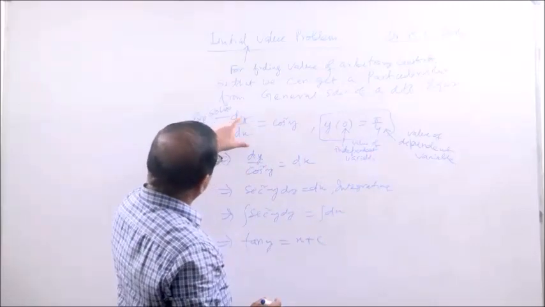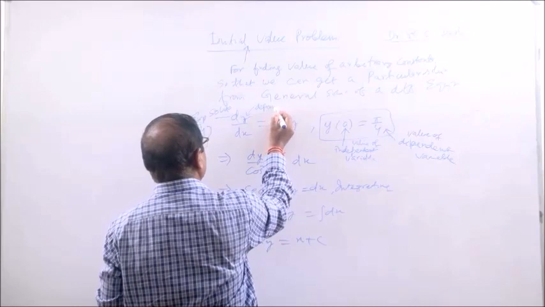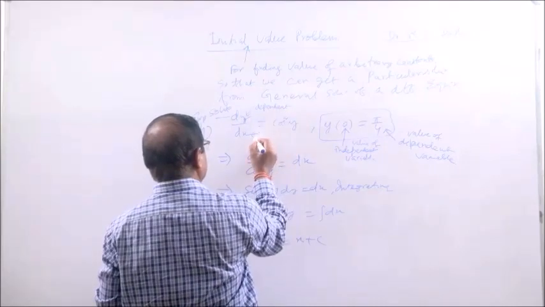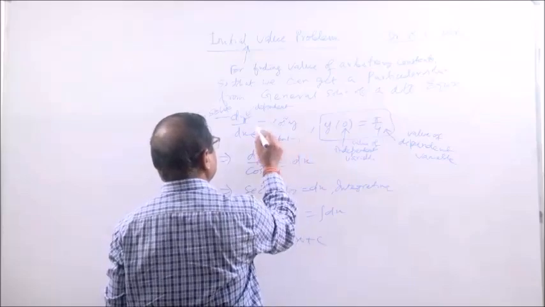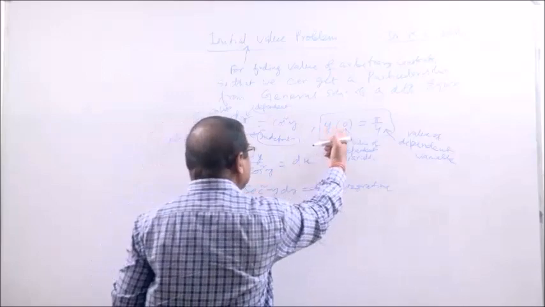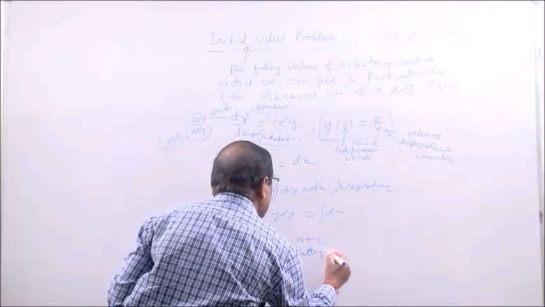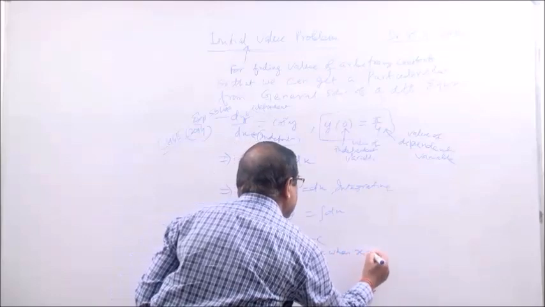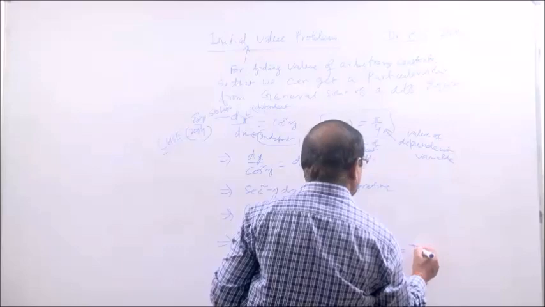So y is dependent, x is independent variable here. So how will you use this? That means when x is 0, the value of y is equal to pi by 4.